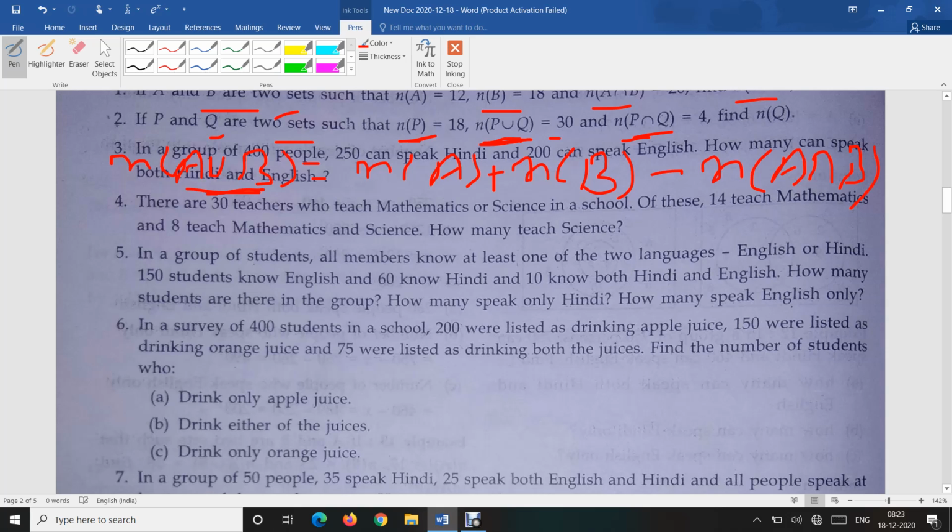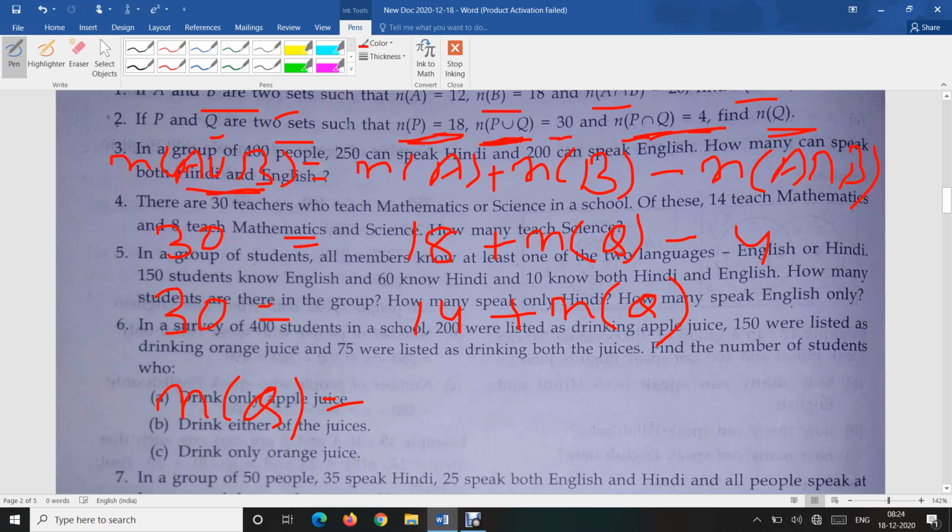Here you have P union Q, so 30 is equal to n of P, which is 18, plus n of Q, which you have to find, minus the intersection portion, 4. So 30 is equal to 18 minus 4, which is 14, plus n of Q. Now you can find n of Q by transferring this 14 to the left hand side, and it will be 30 minus 14. Now n of Q will be equal to 26.